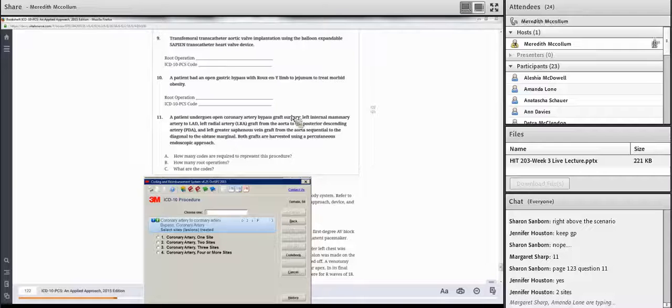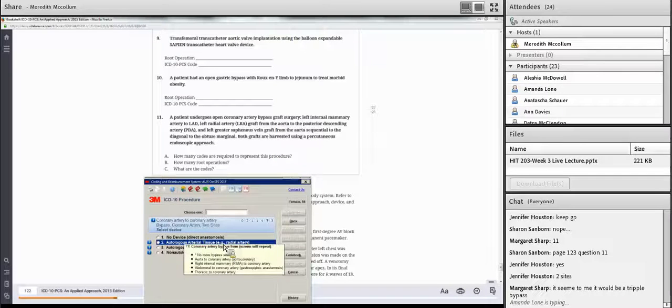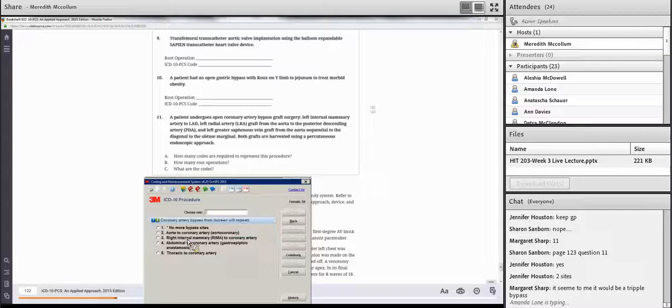Radial artery graft from the aorta to the posterior descending PDA. So 2 sites, no device. Let me make sure I did no device. And then let me go back because I chose the wrong thing. It's aorta to coronary artery.